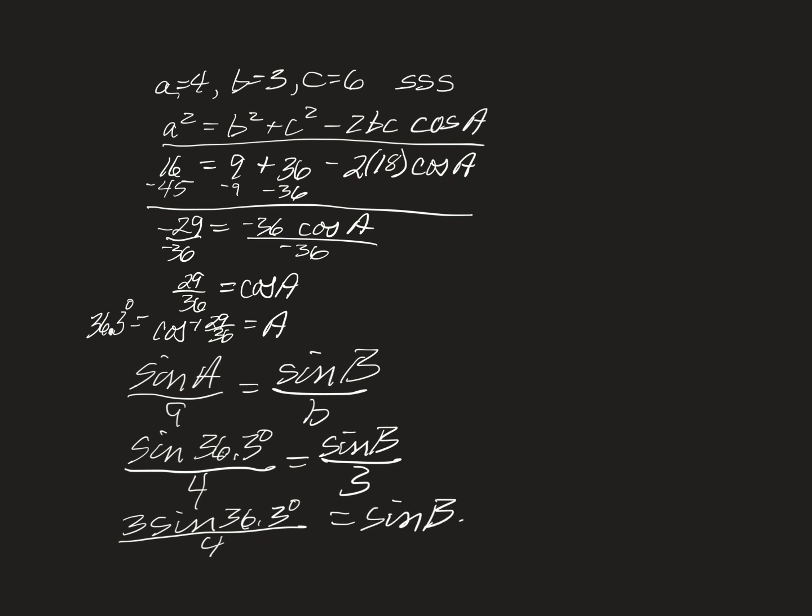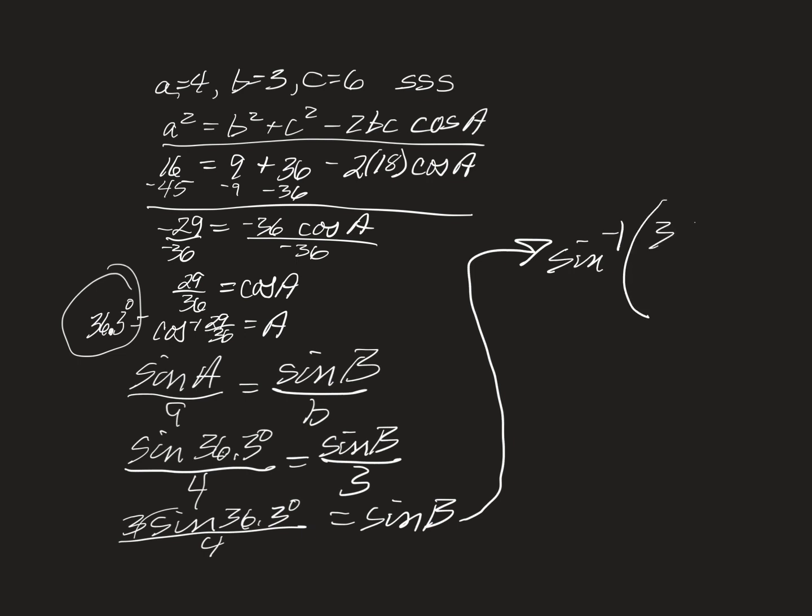Okay? And this is where you start to have issues, because I've already got an approximation here. If I do this and then take the inverse sine of a rounded-off decimal, I get approximations of approximations. So what I'm going to do here that's a little different, because there wasn't an exact value, is do the inverse sine of this whole thing.